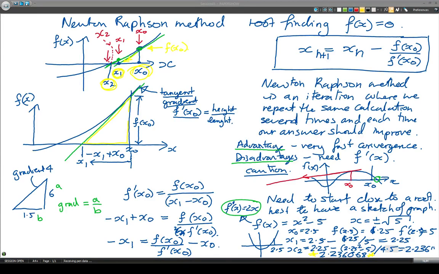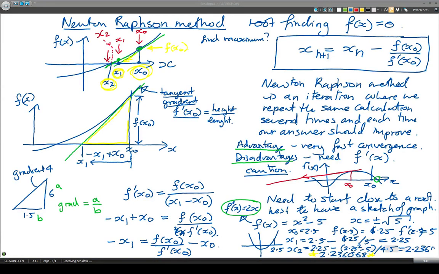Okay, so there is one other thing I wanted to say about the Newton-Raphson method, and that is it's brilliant for finding roots, but let's say that you wanted to find a maximum or a minimum.